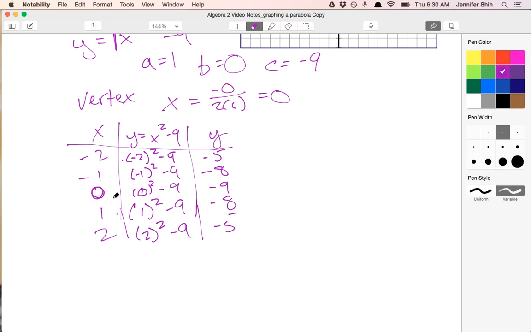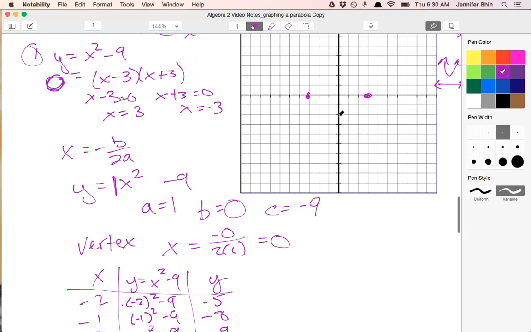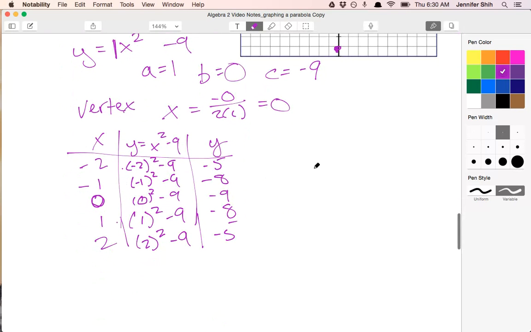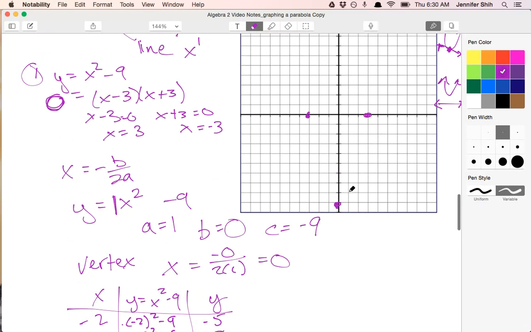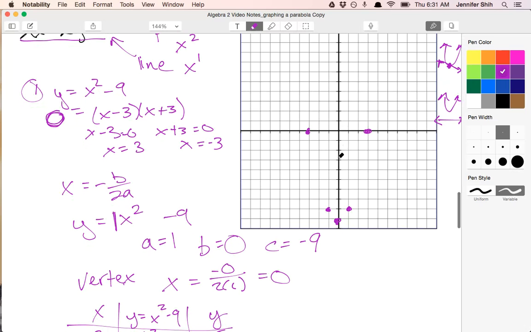So I'm going to plot my points. I have 0, negative 9. So I'm going to plot that first. 1, 2, 3, 4, 5, 6, 7, 8, 9. Then I have negative and positive 1, negative 8. Then I have negative 2, negative 5. 1, 2, 3, 4, 5.